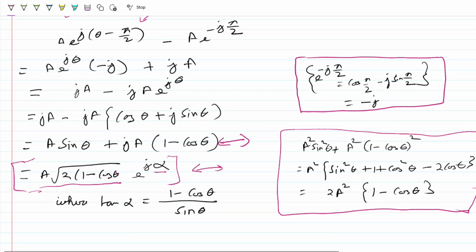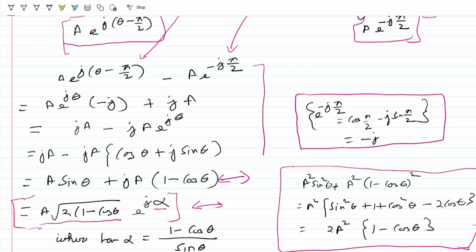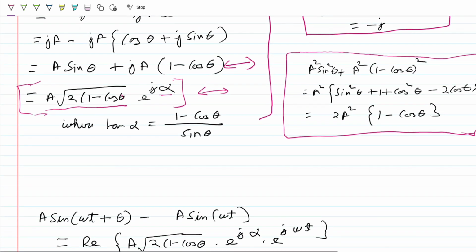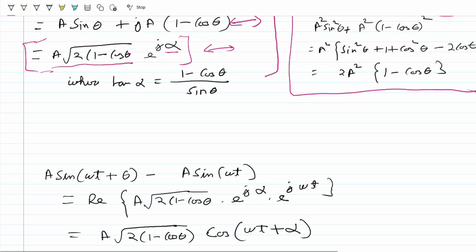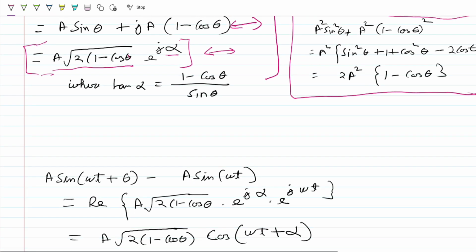And note that in this calculation, from here to here, we have not used any omega t dependence, because that is already implied in our earlier assumption. So in terms of notation, it has simplified the calculation. And then eventually what we want is the signal in the time domain.